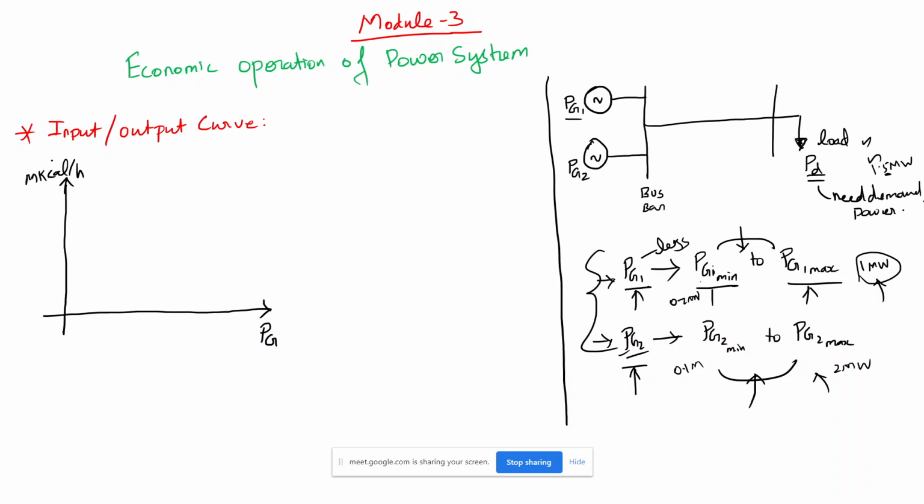That is the energy we give to the system to produce this power. So this is the energy we give, and this is the power.